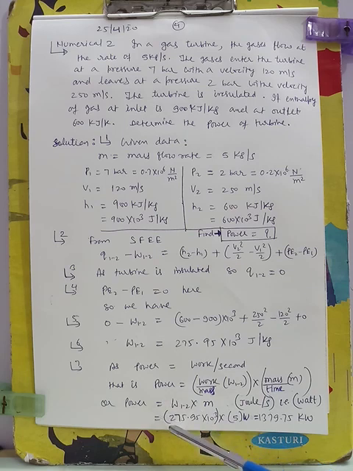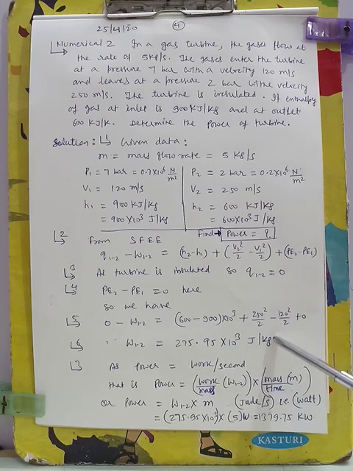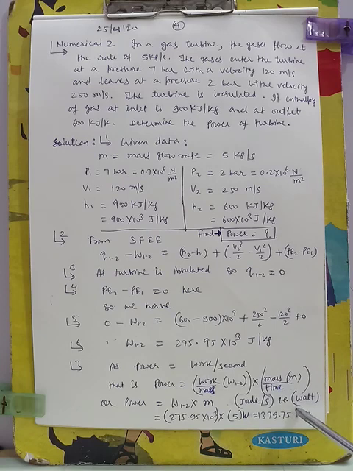So by multiplying, 275.95 into 10 to the power 3, which is W12 from the steady flow energy equation, into m, 5 kg per second. Finally this unit will be watt, and because it is a very big quantity, we convert it to kilowatt by dividing by 10 to the power 3, which gives 1379.75 kilowatt. So this is the power of the turbine, the rate of doing work by the turbine at the outlet of the turbine shaft.